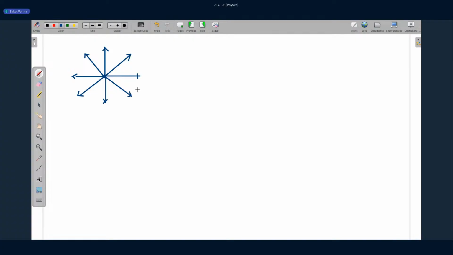The point where the density is more will have the more electric field.